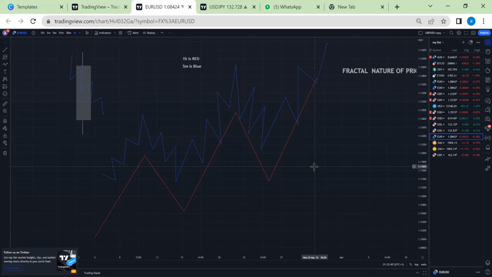But before we go, one more thing I want you to understand is order flow. There's a slight difference between order flow and market structure.